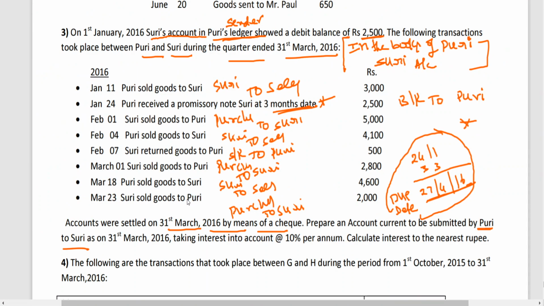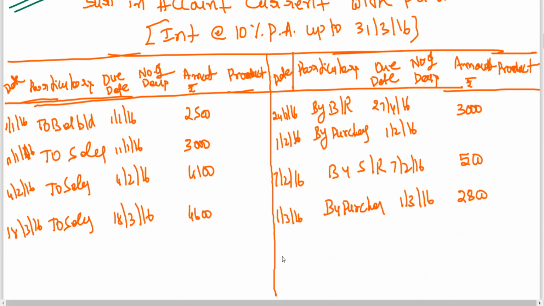Suri sold goods to Puri. Who is the giver? Suri is the giver. That means we are receiving goods. Purchases to Suri. March 23rd, 23rd March 16.